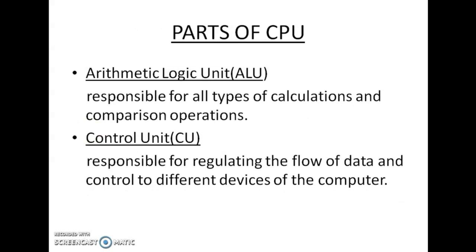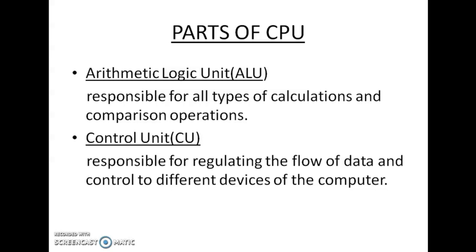CPU has two parts. First one is the Arithmetic Logic Unit. It is responsible for all types of calculations and comparison operations. And second comes the Control Unit, which is responsible for regulating the flow of data and control to different devices of the computer.